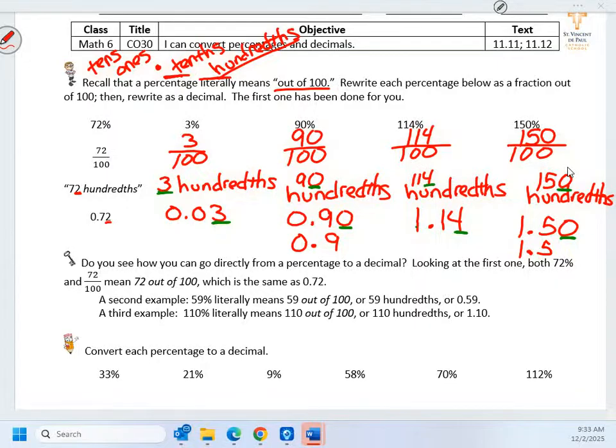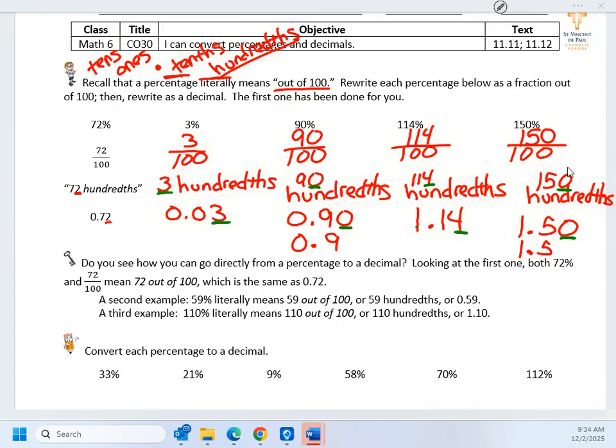Any questions on these steps? All right. So do you see how you can go directly from a percentage to a decimal? We don't have to write out the words. We don't have to give it the fraction, but we can see how that's working. So looking at the first one, both 72% and 72 hundredths means 72 out of 100, which is the same as 0.72, 72 hundredths.